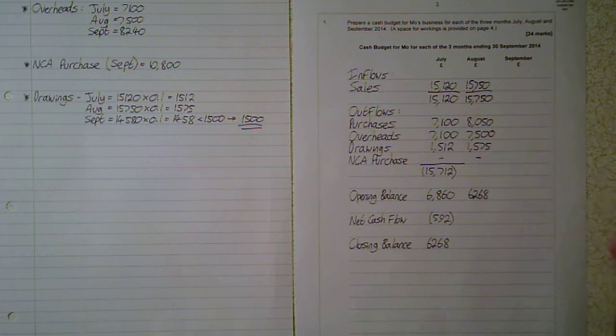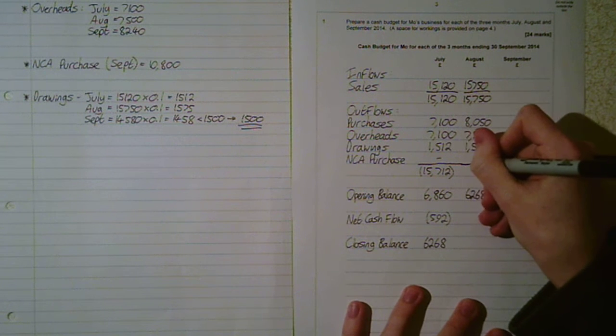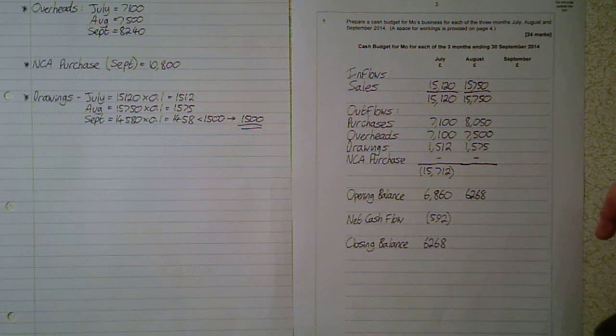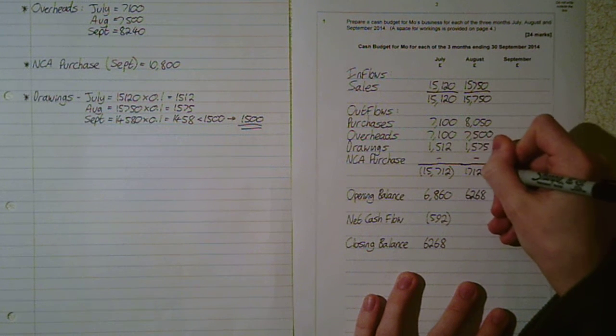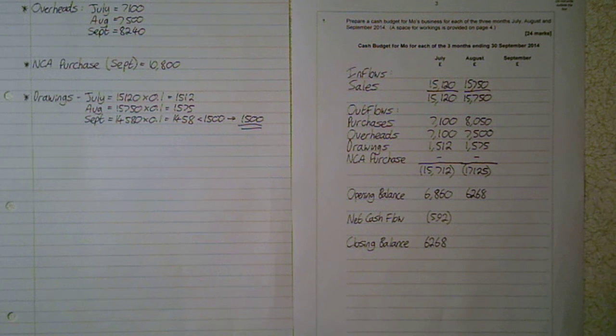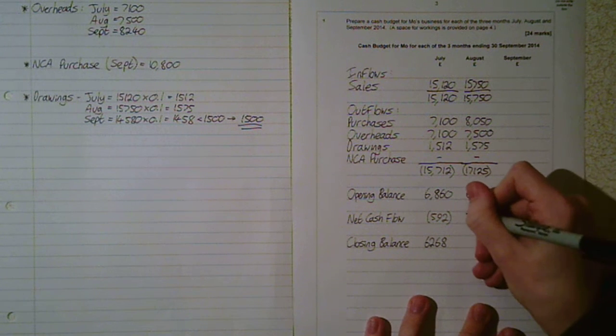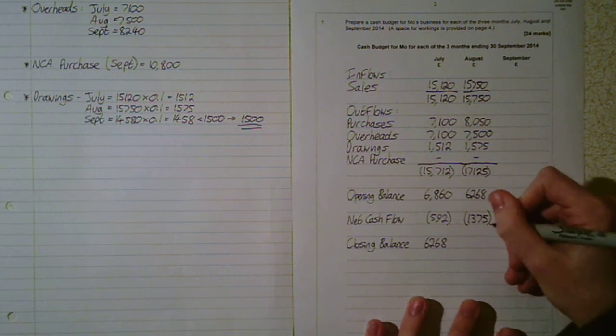They're linked, aren't they? The bigger the sales, the bigger the drawings, because of that 10% thing. So total outflows for August was 17,125. So once again, you've noticed that outflows is bigger than inflows by an even bigger amount of 1375.